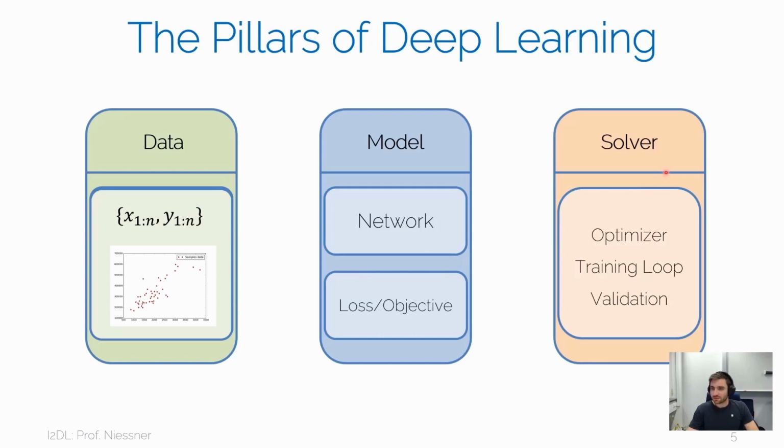And the final pillar is everything around the solver, and also the way we learn from the data with our network. That pillar is about the optimizer, the training loop, and also some kind of validation to get some idea how well we actually perform.